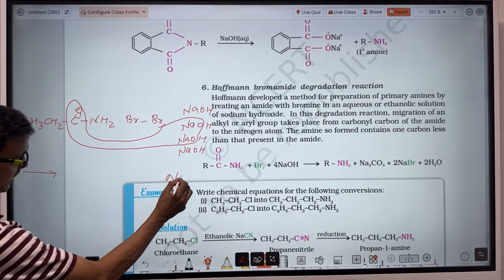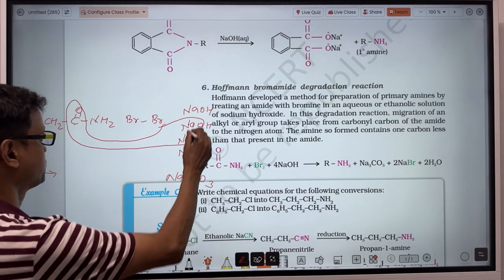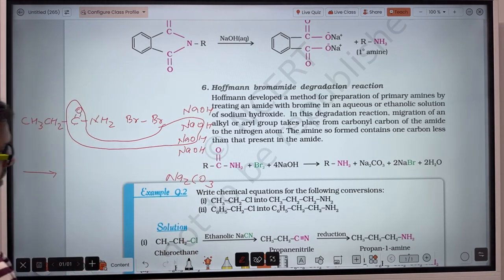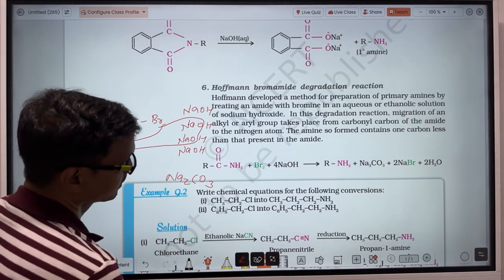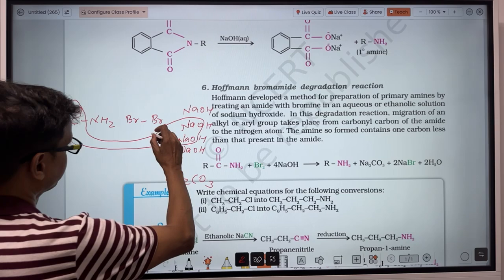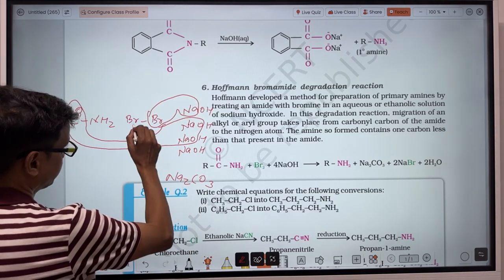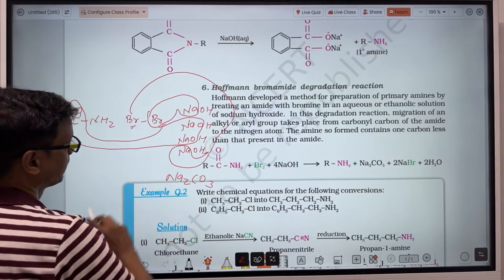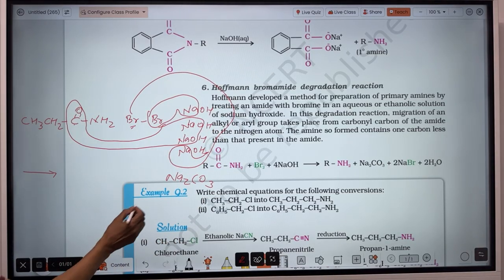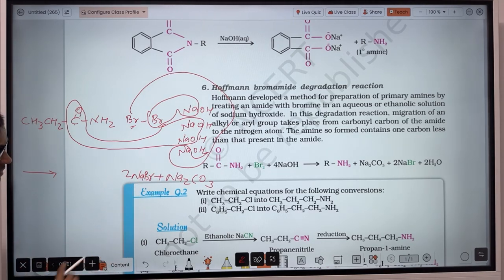So there will be formation of Na2CO3, sodium carbonate, and then this bromine will combine with this sodium and form NaBr, and this bromine will also combine with this sodium and form NaBr. So there will be formation of 2 moles of NaBr.